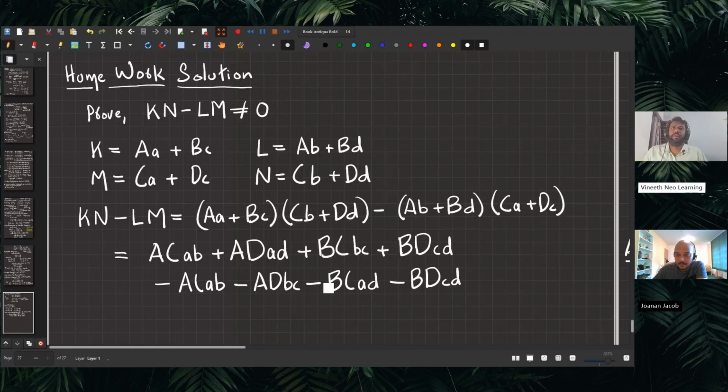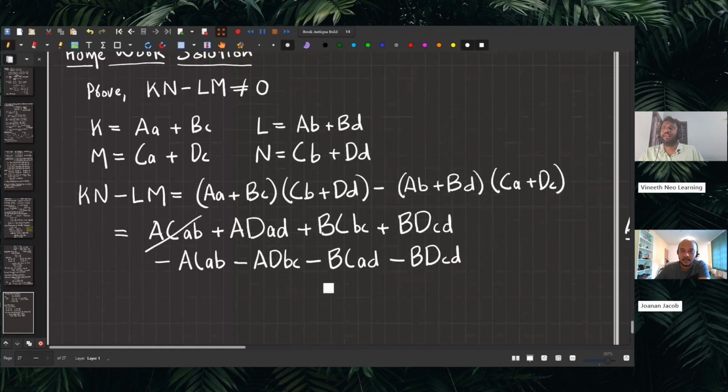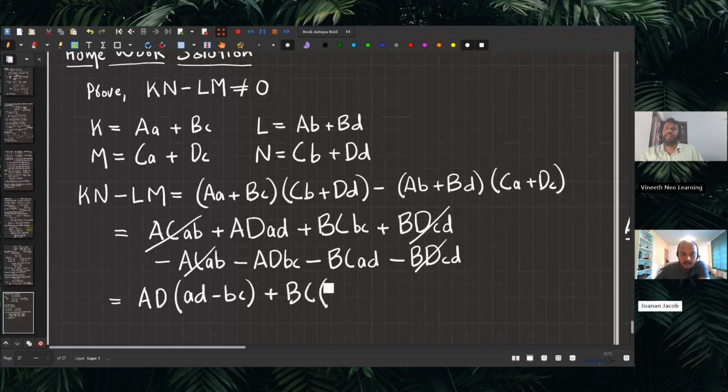What will get cancelled? AC times ab gets cancelled, and the BD cd terms cancel. Then from the remaining terms, take capital AD common: AD times (AD minus BC) plus BC times (BC minus AD).